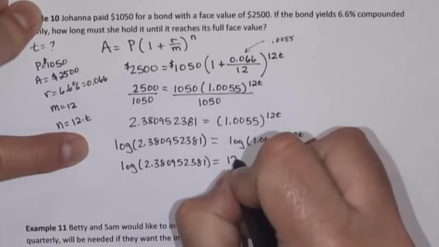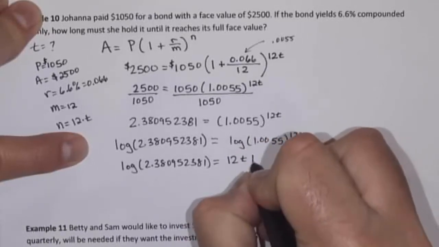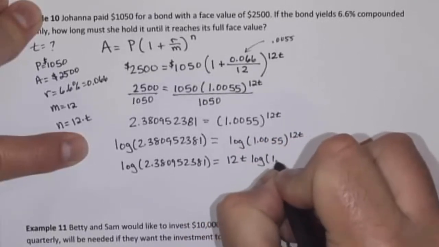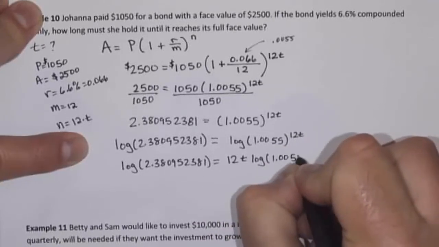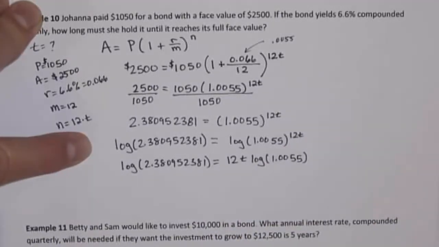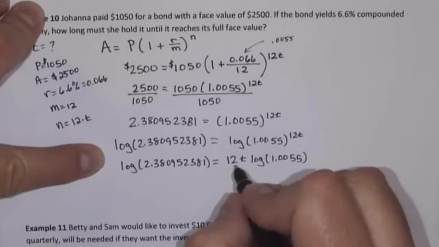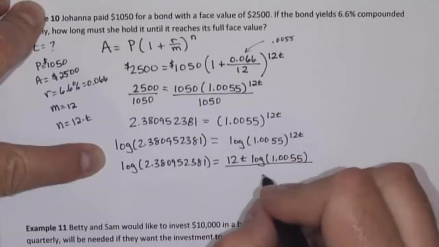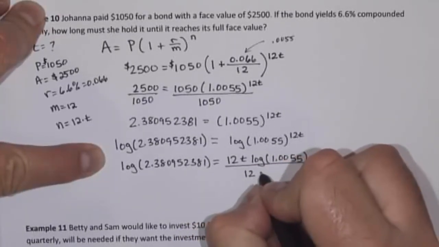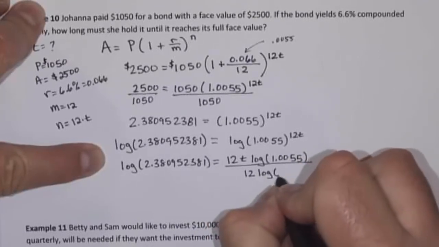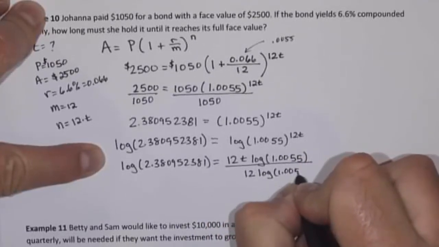That's going to equal 12t times the log of 1.0055. So if I want to solve for t, then I can divide both sides by 12 and the log of 1.0055.